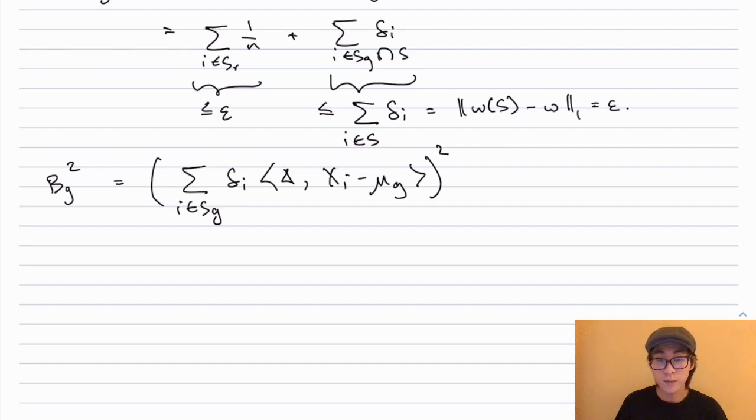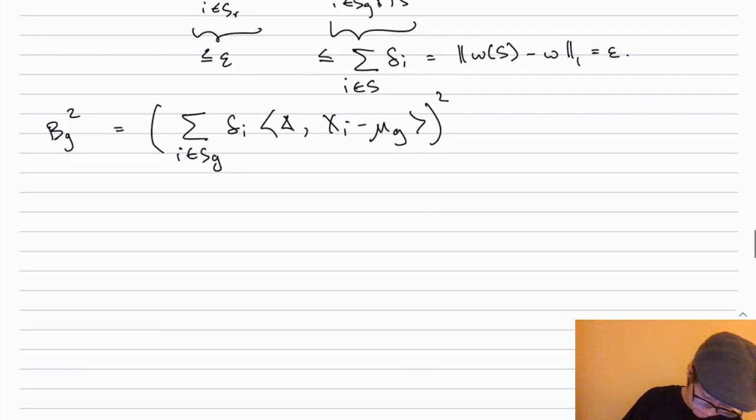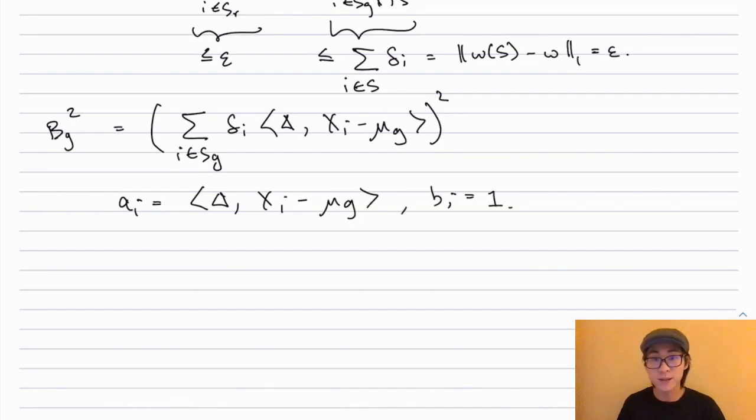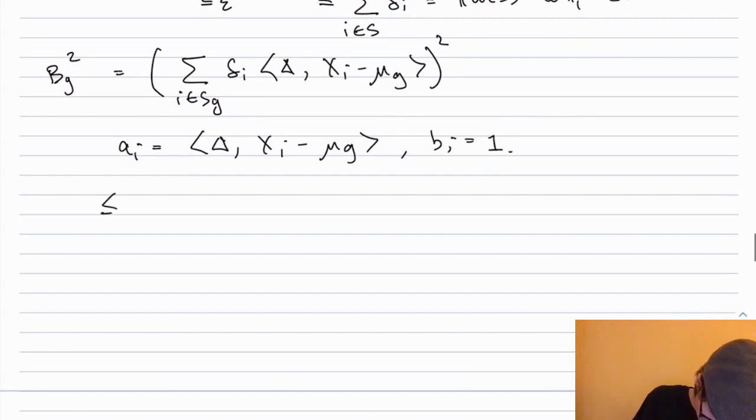Now I'm going to apply Holder's inequality with AI being equal to delta inner product xi minus mu sub good, and BI equal to 1. Notice I can do this because delta is a member of the subsimplex. And when I do so, what I get is that this can be upper bounded by the following.